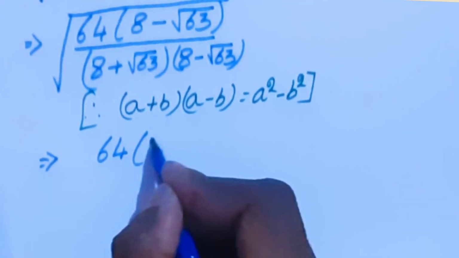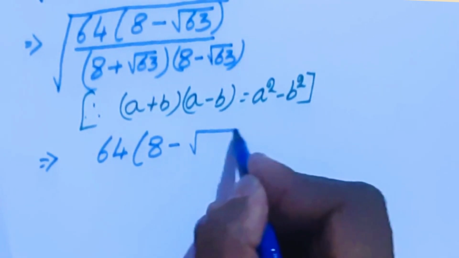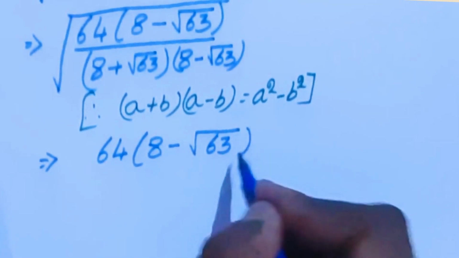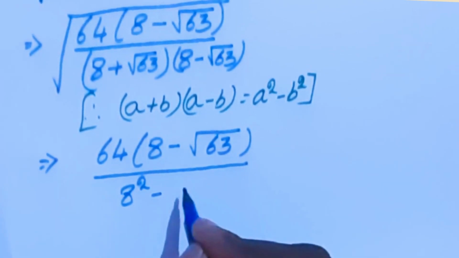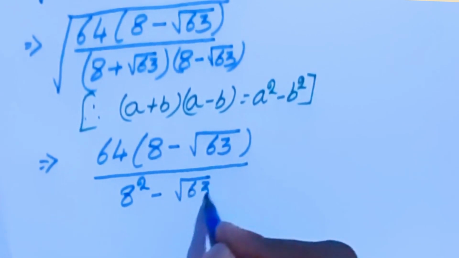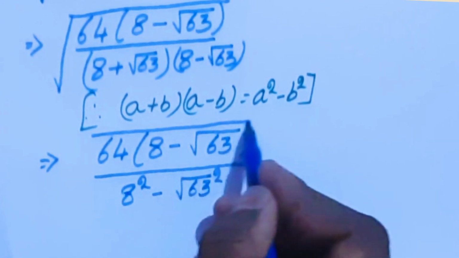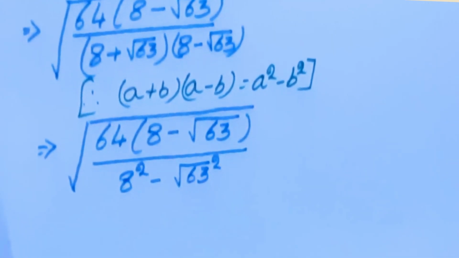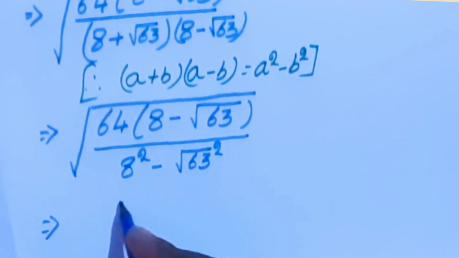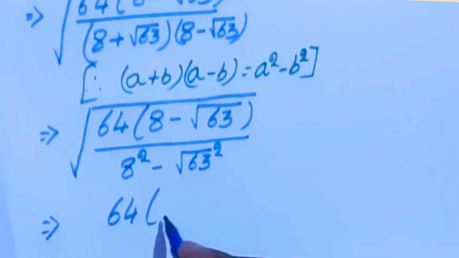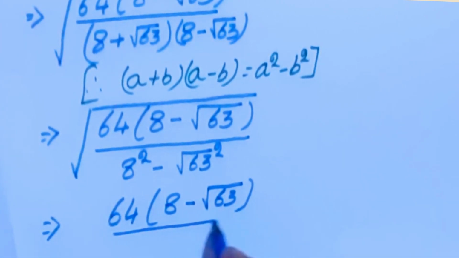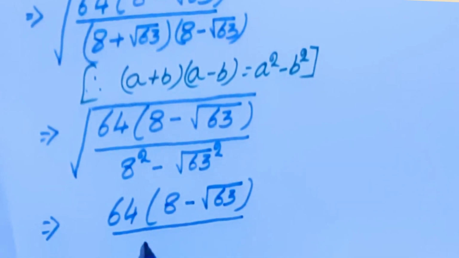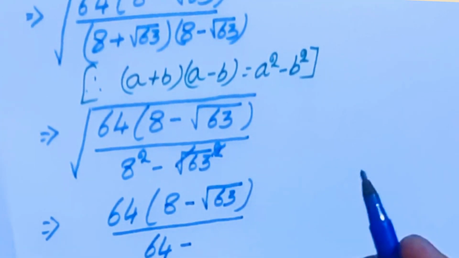So 64 times 8 minus square root of 63, by 8 square minus square root of 63 square, in whole square root. Now 8 square is 64 minus this square, and the square and square root cancel each other.